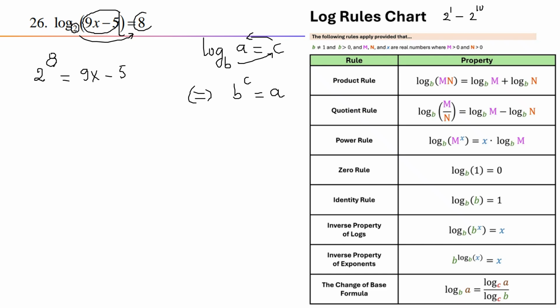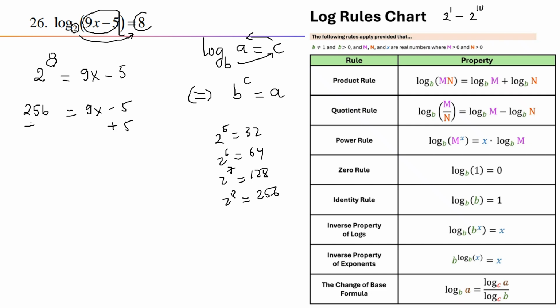And you know that 2 to the power of 5 is 32. 2 to the power of 6 is 64. 128 for the next one. Okay, and then you double that. That's going to be 256.